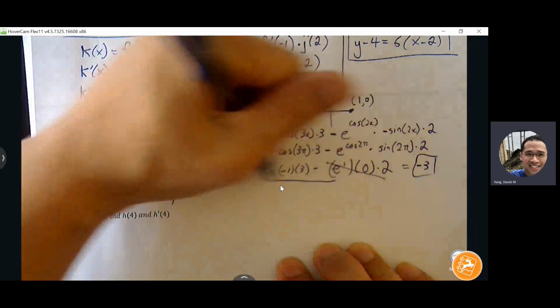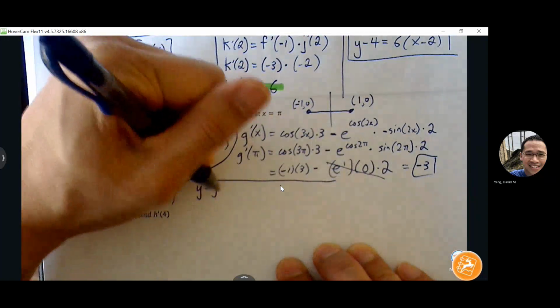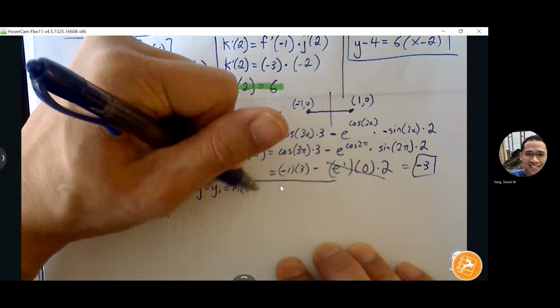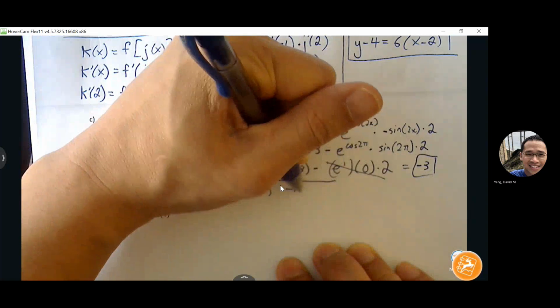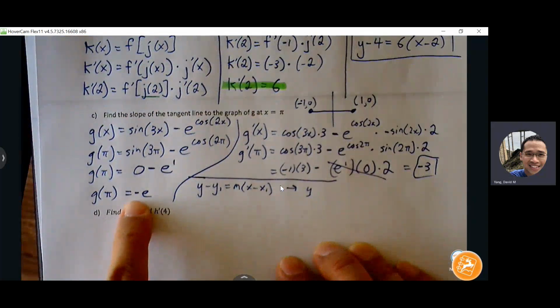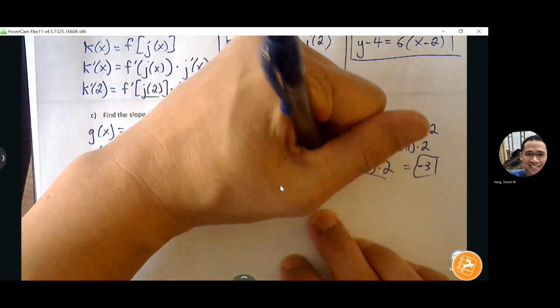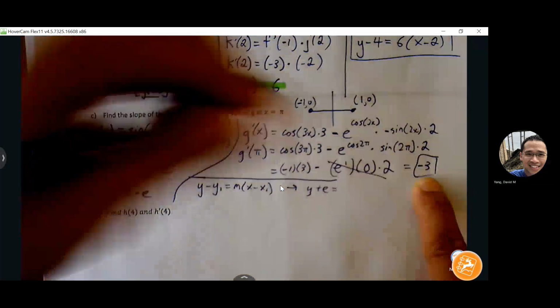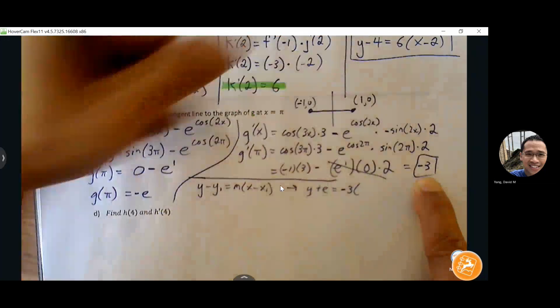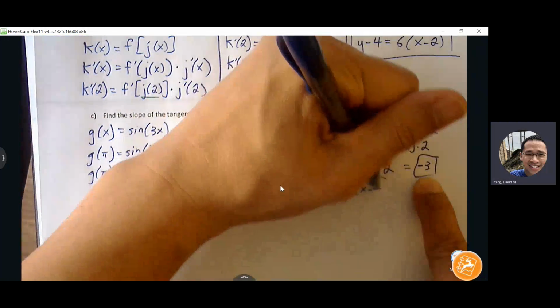All right, so I have my ordered pair, I have my slope. Let's do point slope form. Okay, so y minus negative e, that's my ordered pair, or y plus e, is equal to my slope, then x minus pi.